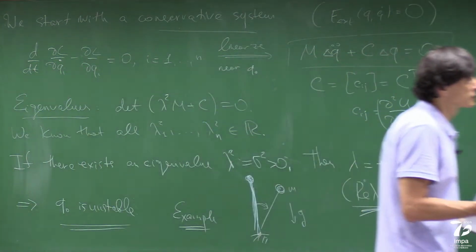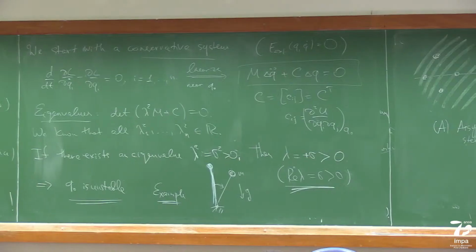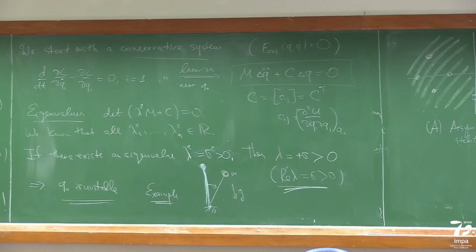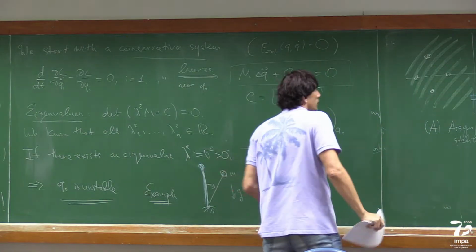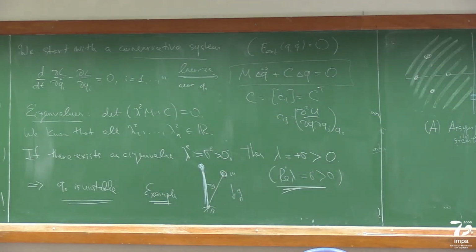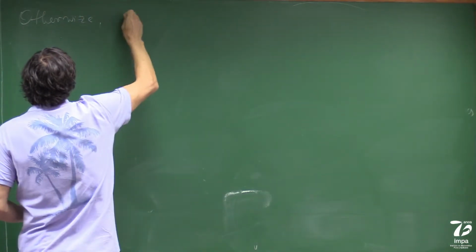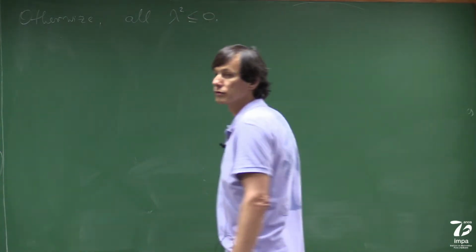Let's see if we can prove the rest. If we can prove that the lower equilibrium is stable. And it turns out that it's much more complicated. So we can only hope on the stability if there are no such eigenvalues, right? Otherwise, all lambda squared should be smaller or equal to 0.